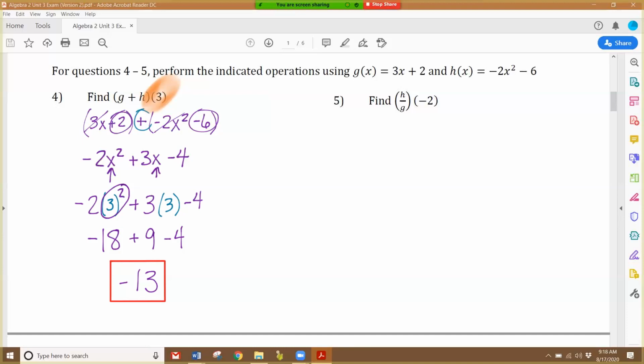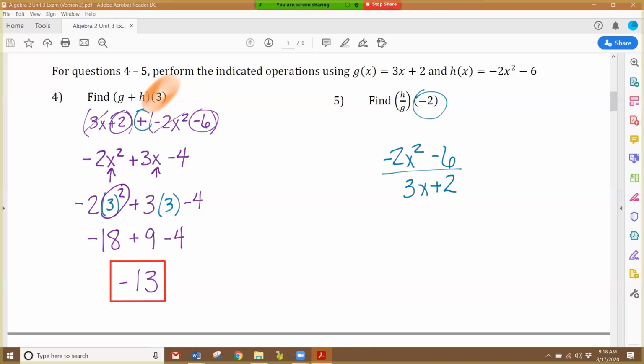We're going to find h divided by g, and then we're going to plug in negative 2. So h divided by g would be negative 2x squared minus 6 divided by 3x plus 2. 1 point for writing that down. Another point for substituting in the value that we're supposed to substitute in.